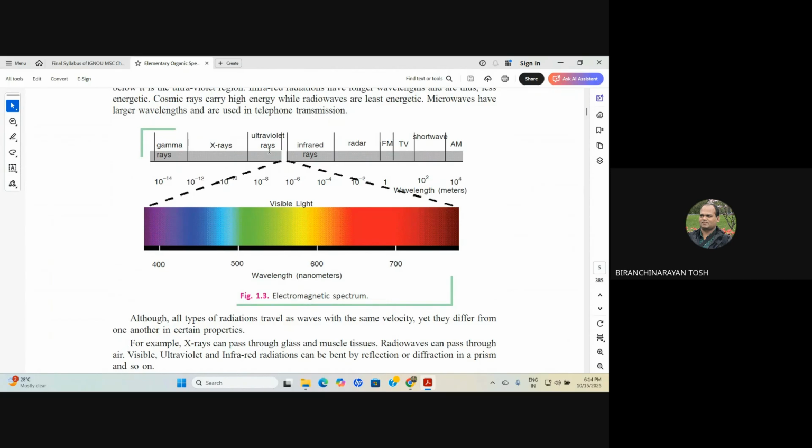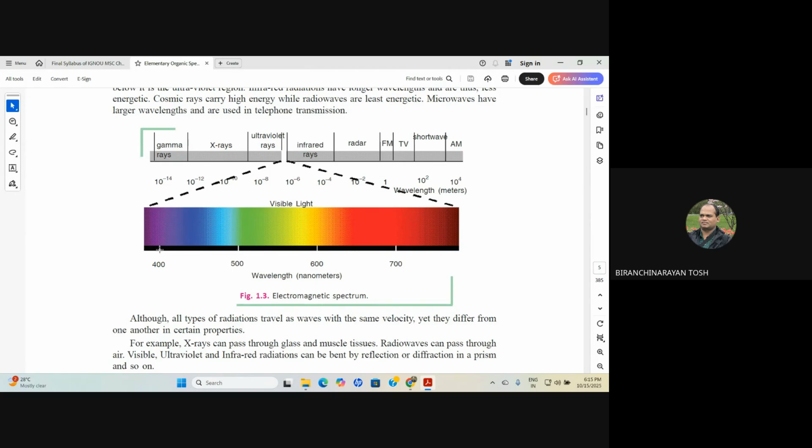Ultraviolet radiation starts from 190 nanometer and goes up to 400 nanometer. 190 or nearly 200 to 400 nanometer is your ultraviolet region. Then from 400 to 800 nanometer or 4000 to 8000 angstrom, that is your visible spectrum.